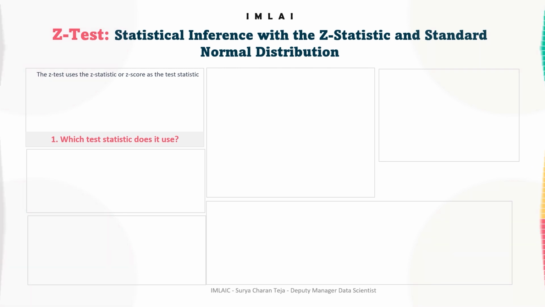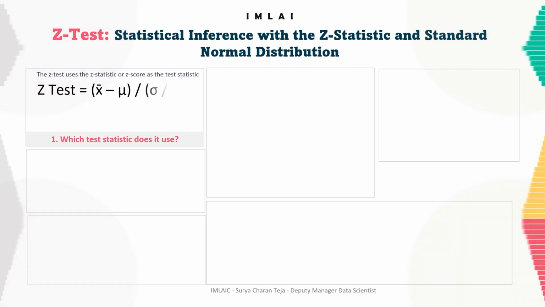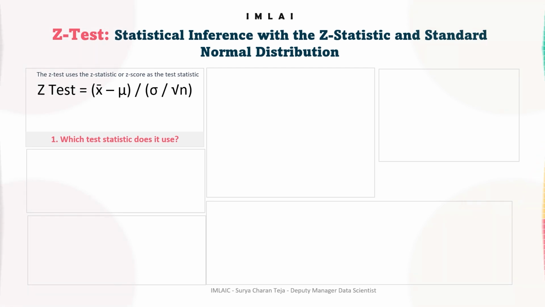The Z statistic is calculated by taking the difference between the sample mean and the population mean, or hypothesized population mean, divided by the standard deviation of the sampling distribution, which is further divided by the square root of n, your sample size.